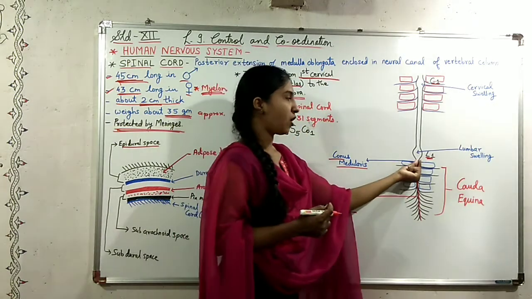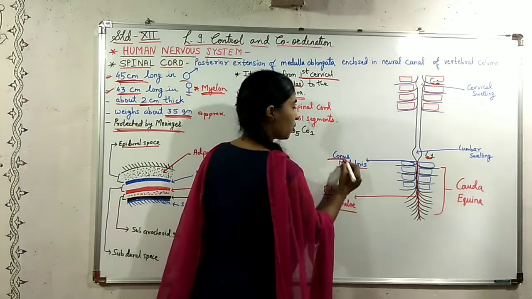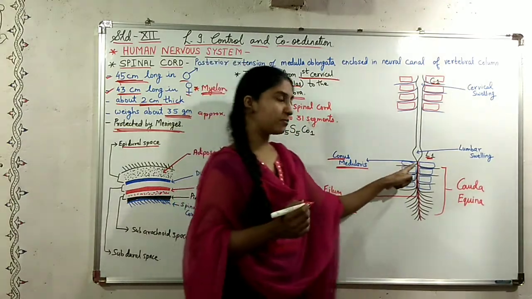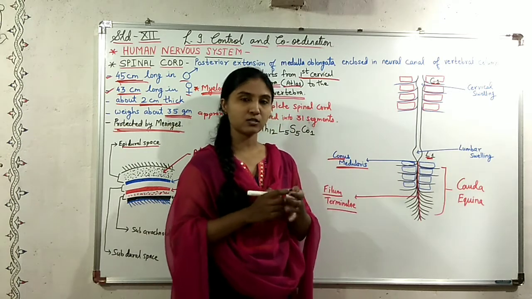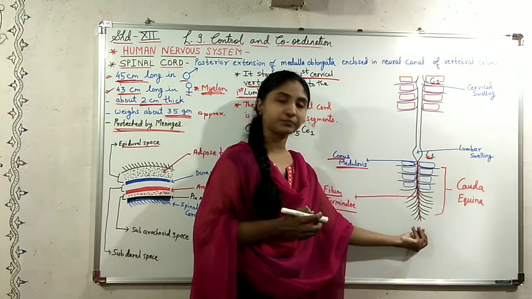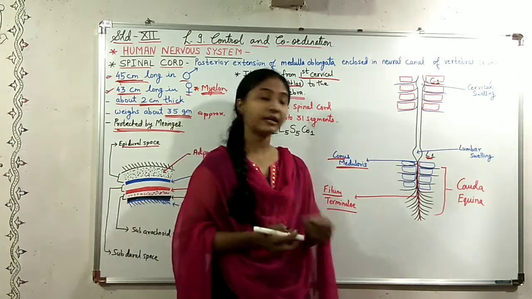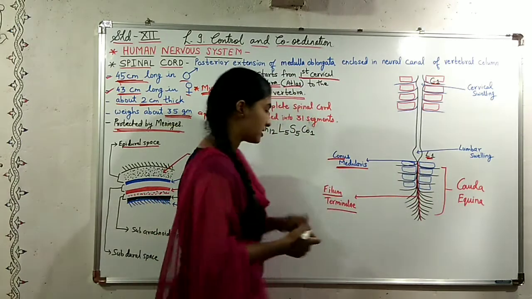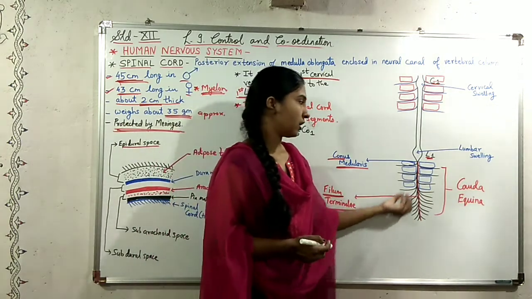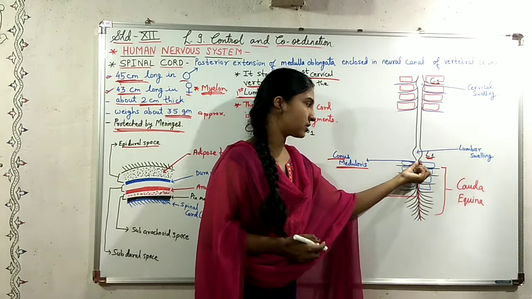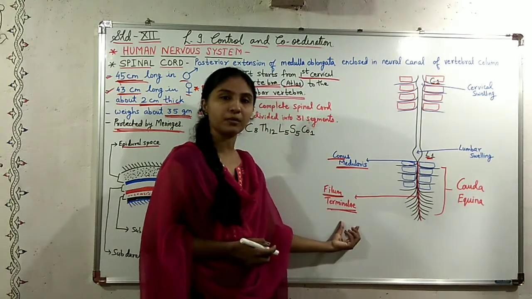The point of the spinal cord at the first lumbar vertebra is called the conus medullaris, and from this conus medullaris the spinal cord continues in the form of a strand or thread, and that part is called the filum terminale. So from this conus medullaris a thread-like structure continues, that is called the filum terminale.